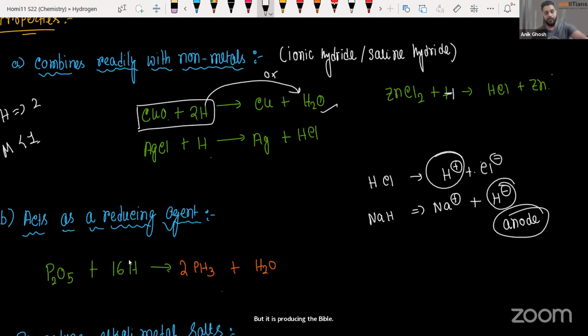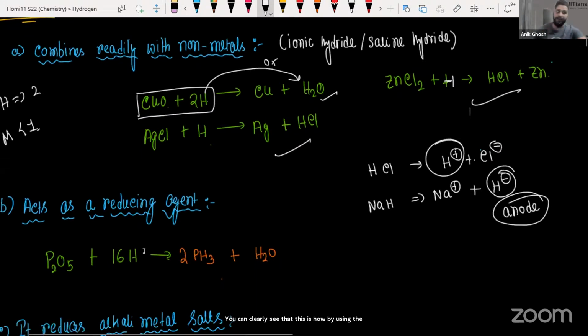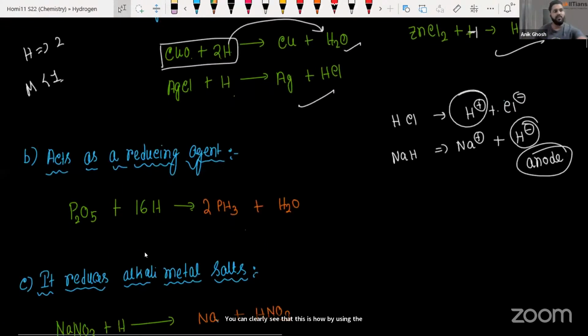In every single situation, it does the same thing. This method was used earlier for the reduction of metals as well. These are very simple reactions.